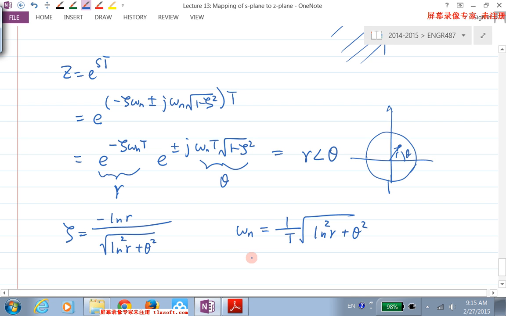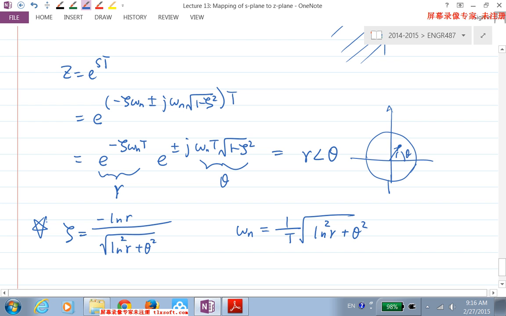Once you have zeta and omega n, you can derive that for this location in the z-plane, I would have this much overshoot, this much settling time, and so on. So these two formulas are essentially the guideline. We actually used this in the pole placement design in the previous lecture, as an example.